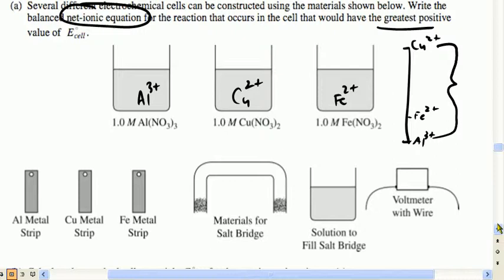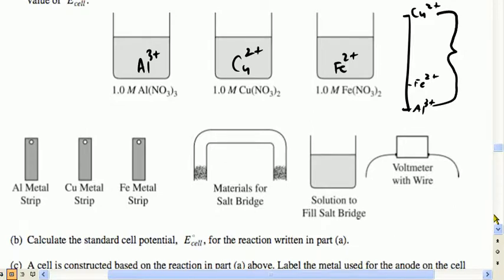So we have the NO3 involved. After you've balanced it and the NO3 cancels, the Al metal is going to be oxidized and react with the Cu2 plus, and this is going to go to Cu0 plus Al3 plus. You're going to have 2 here, 3 here, 3 here, and 2 here.